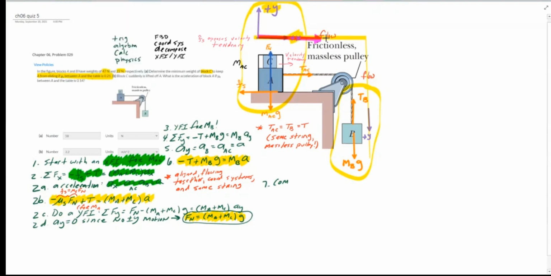This axis flows with this axis right here. Because you were saying, wait a minute, you said the y-axis was downward for mass B, but I'm saying the y-axis is upward for mass AC.